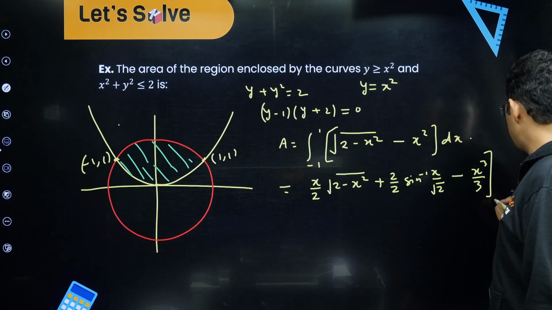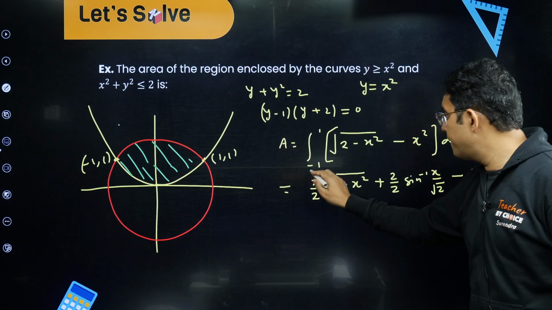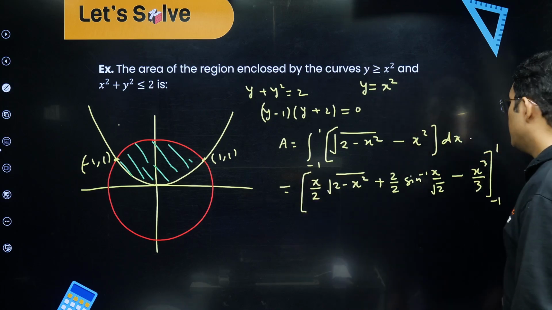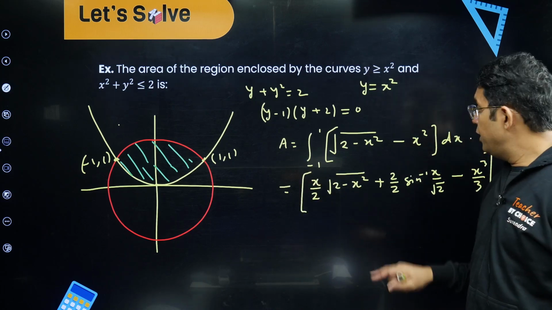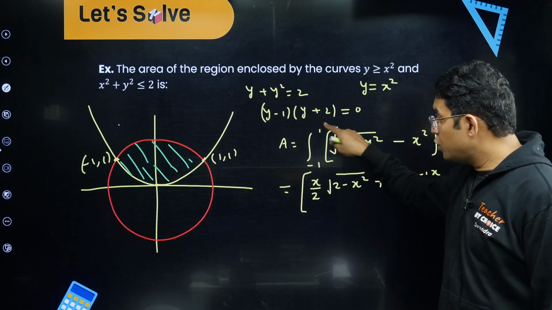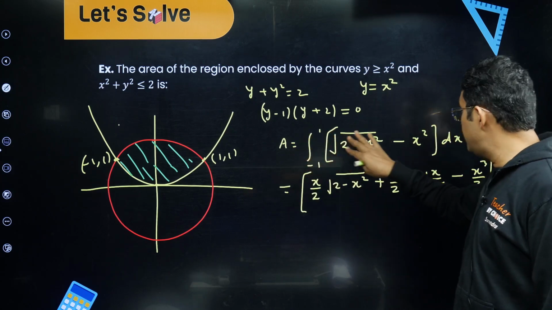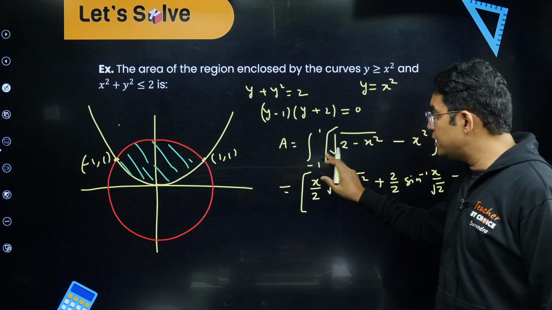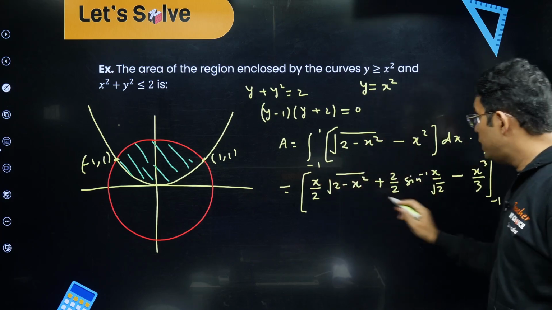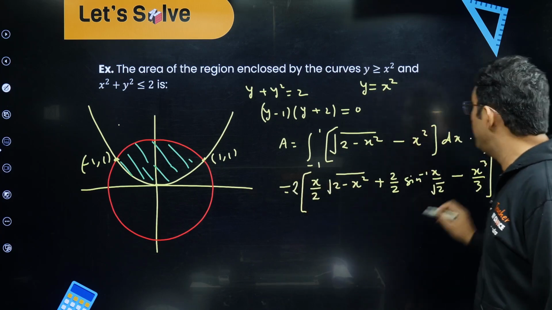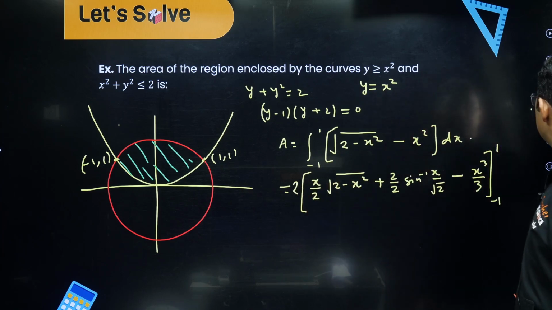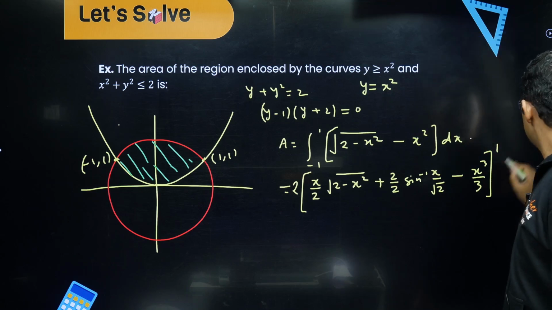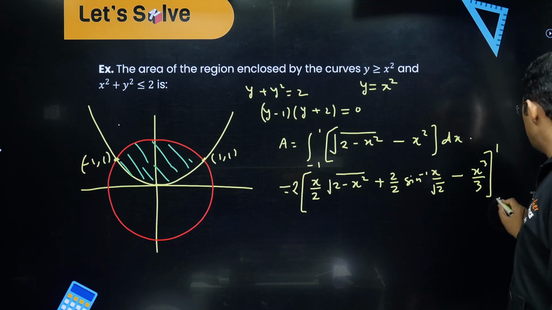So in this we have to put limits from minus 1 to 1. In fact, what we could have done is put 0 to 1 and take 2 common, because everything is even here. So let me do it here. I will put 2 here and make the lower limit 0, because it's an even function.